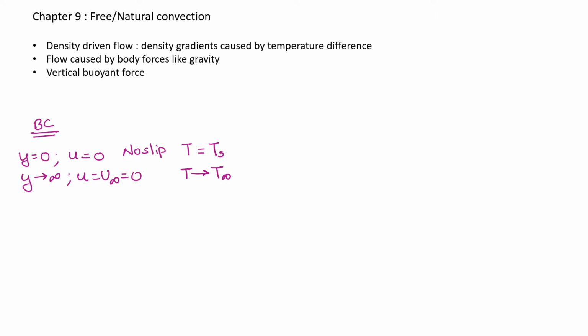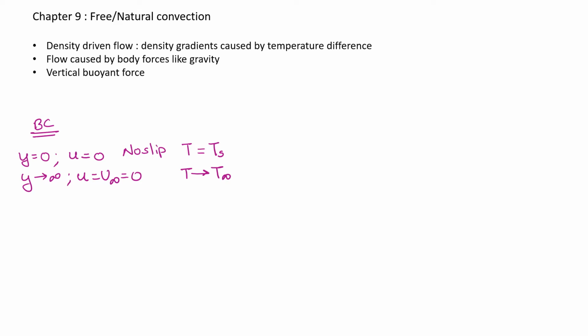We know that density is a function of temperature, and as temperature changes, you might have seen this in thermodynamics, the density of the fluid will change, and if you have density differences, you will have a motion of fluid due to either buoyancy or due to the gradient itself.